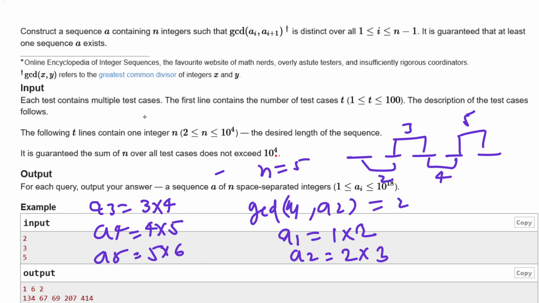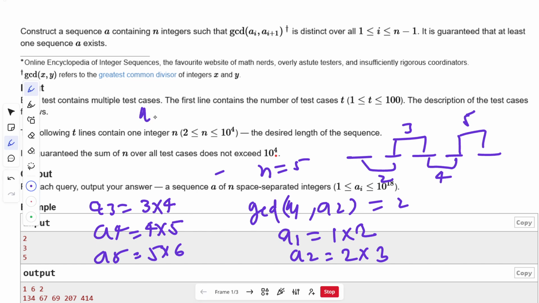But the problem is with A8 and A9. If you represent A8 by 8 into 9 and A9 by 9 into 10, you would say that 9 will be common, but it is not.